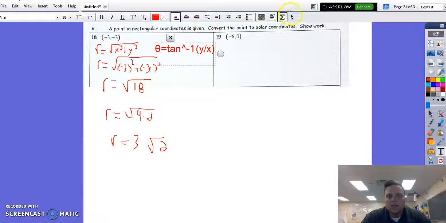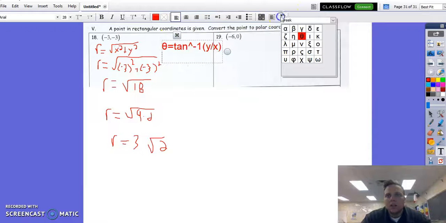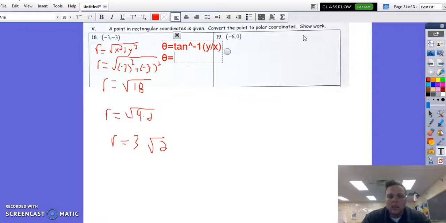So then you would think, theta is going to equal tangent raised to the -1 of -3 divided by -3, which is going to be tangent inverse, or tangent raised to -1, however you want to think of it, of 1.